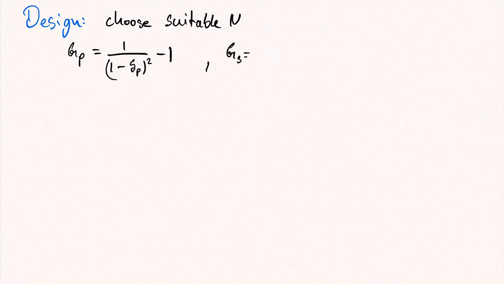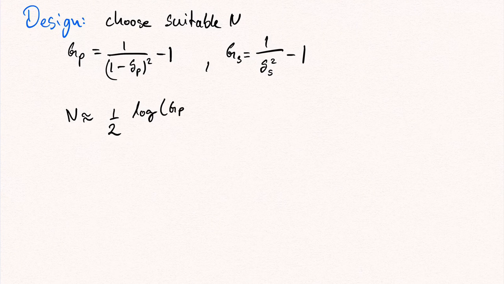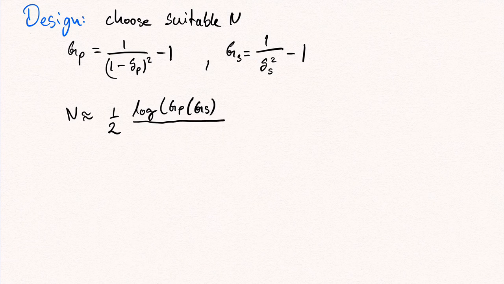It's given by 1 divided by the square root of 1 over delta s squared minus 1. Then the approximate formula for n is given by 1/2 of the logarithm of Gp divided by Gs, divided by the logarithm of omega p divided by omega s. Keep in mind that omega p is the passband frequency and omega s is the stopband frequency.